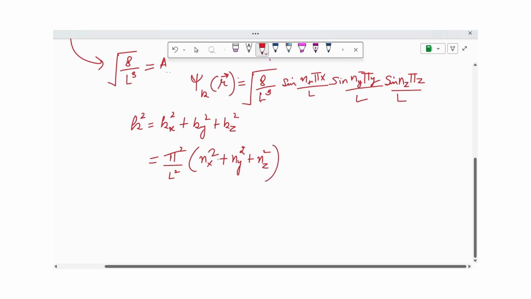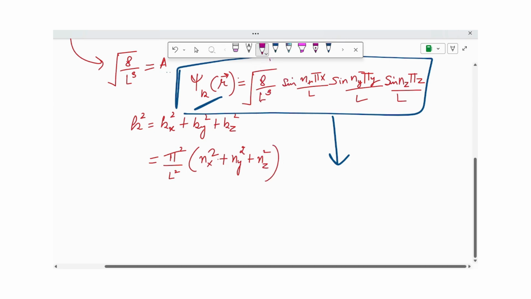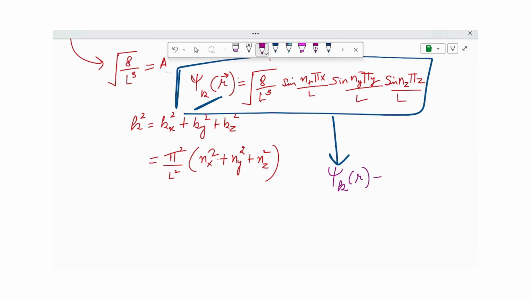Also, I can write this wave function in a more general form involving the exponential term. So psi k of r can also be written as A exponential of i k vector dot r vector, where we know that k vector will be, of course, its component along the x-axis kx i cap, ky j cap, kz k cap.